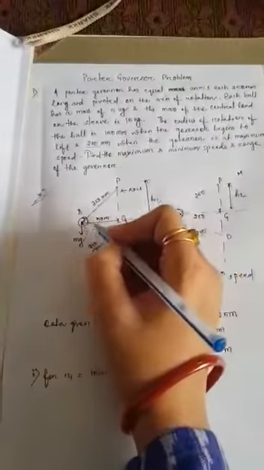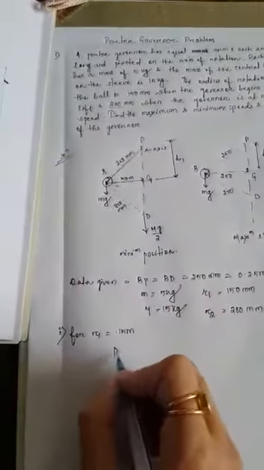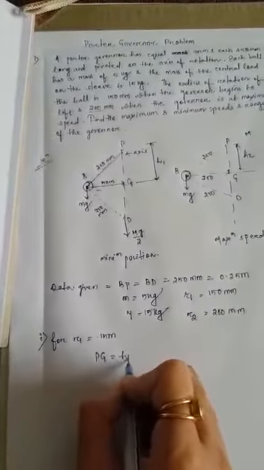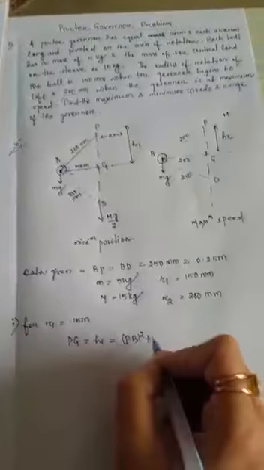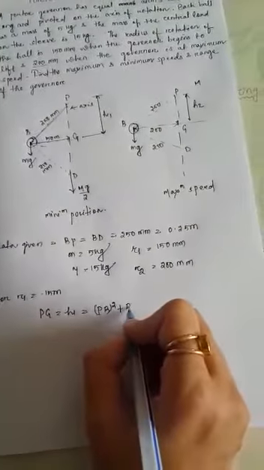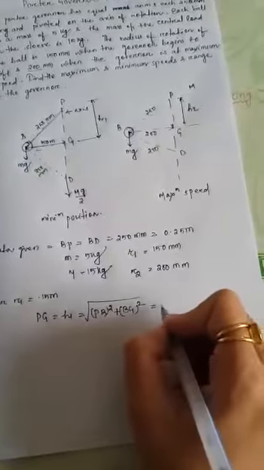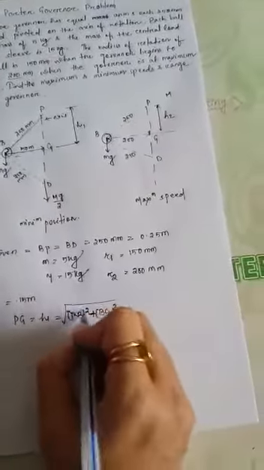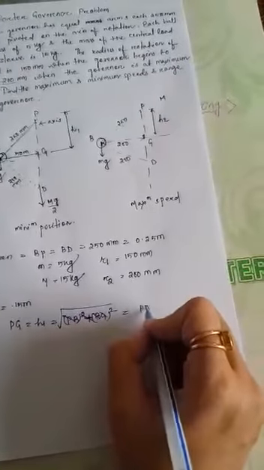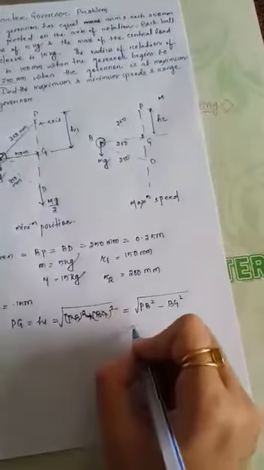From this diagram, this makes a right angle triangle. So I can find PG, that is H1, which is the square root of PB square minus BG square.